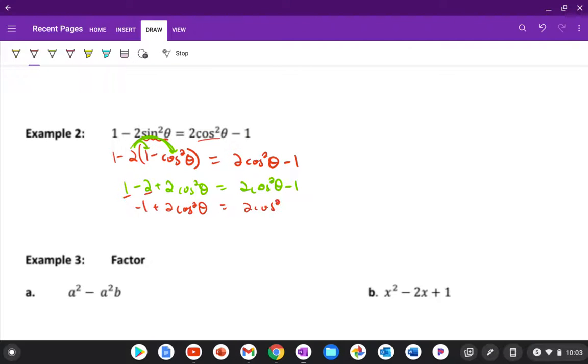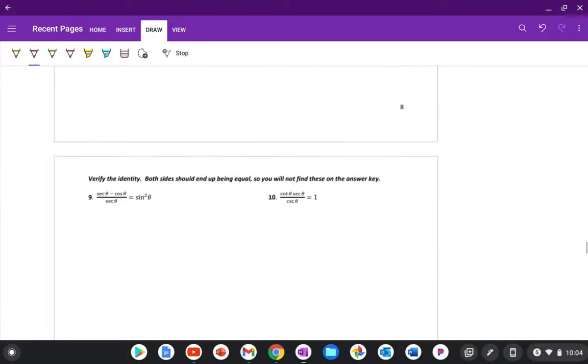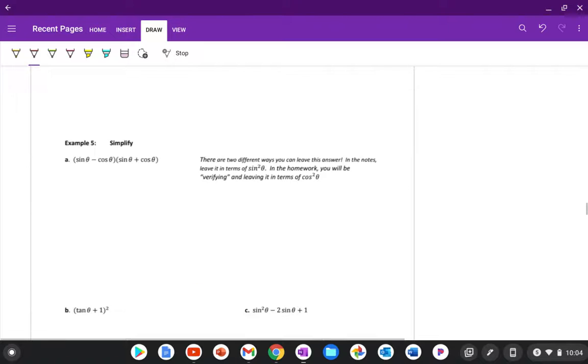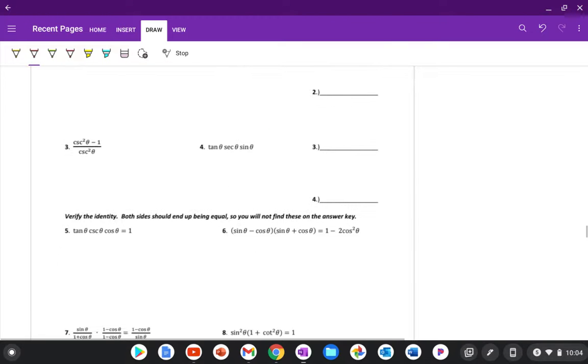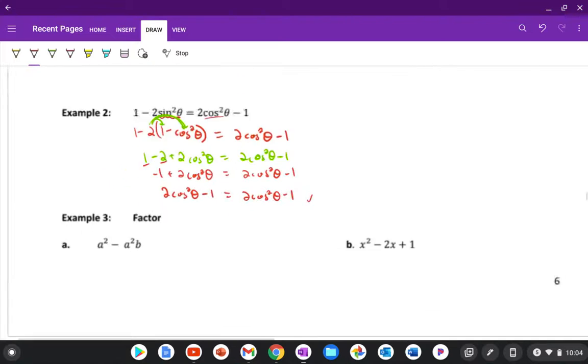And I'm almost there. All I need to do is just rearrange this. So since they're adding these, we can just switch the order. And this just becomes 2 cosine squared theta minus 1 equals 2 cosine squared theta minus 1. So I've proved it. Whoa, what happened there? All right. Let's go ahead and do a couple more.